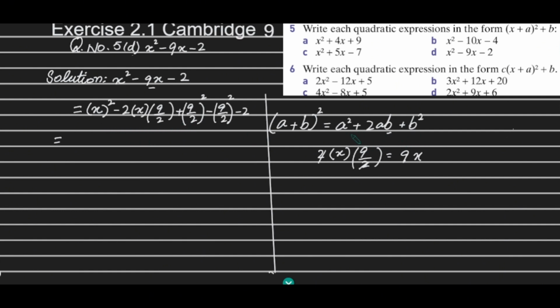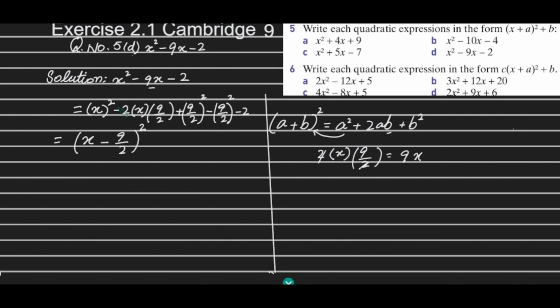This is in the form a squared plus 2ab plus b squared. We will convert it in reverse to (a plus b) squared. The first term is x and the second term is 9 by 2. We write x, 9 by 2. The sign will be the same as minus, so we will write minus.